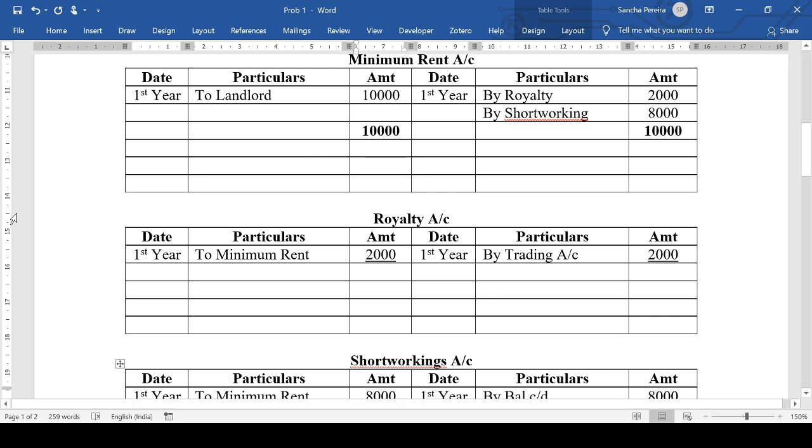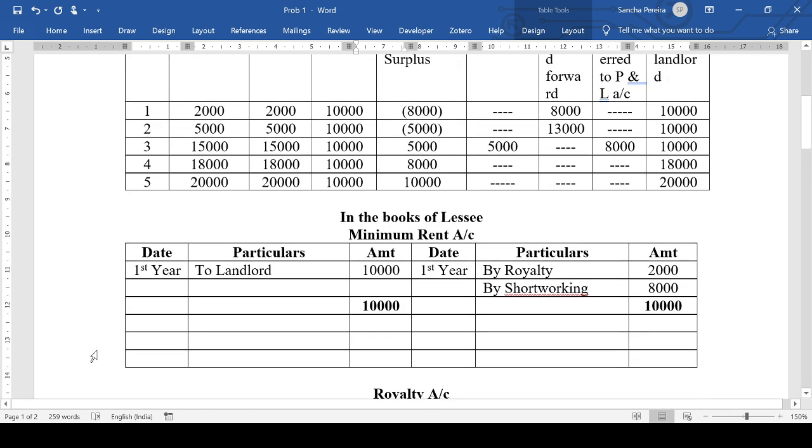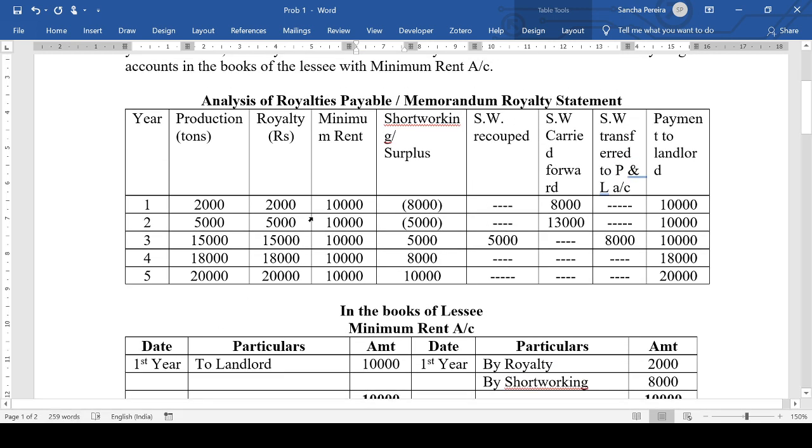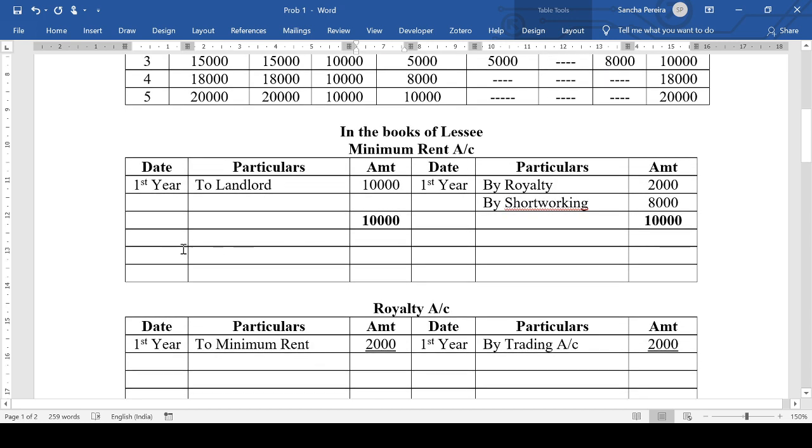Now the same set of entries we pass in the second year. Again, it's a situation where the minimum rent is more than the actual royalties, so the same set of entries all over again. The first entry is minimum rent account debit to landlord account.